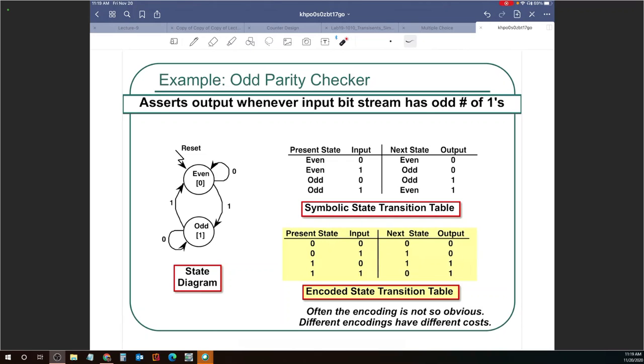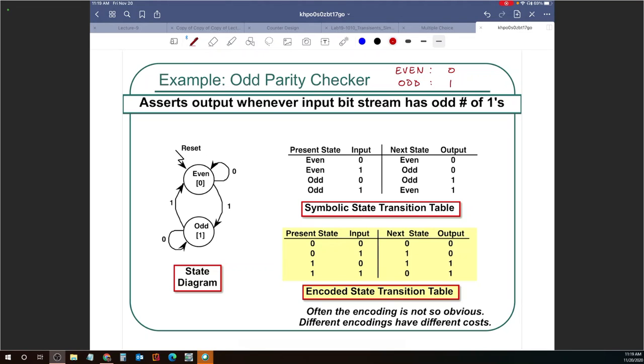So we go from a symbolic state transition table to an encoded state transition table, which involves encoding the states into zeros and ones. So we could say even is encoded as a 0 and odd is encoded as a 1. It doesn't have to be. You can switch that around.